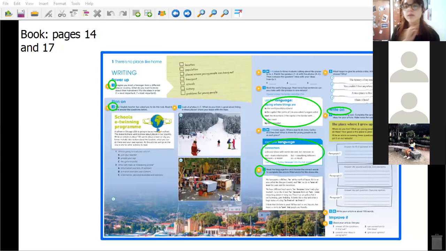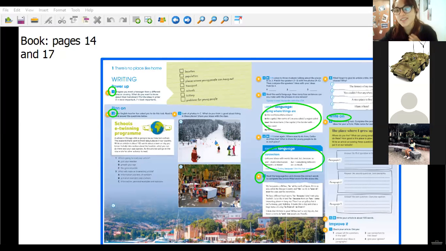So if you don't have any questions about quantifiers, we're going to move on to some theory about writing. Okay? So go to page 17 in your book. 16. It says 17, but it starts on page 16. It looks like this. You have the pictures. Do you like writing? I think I already asked you this and you said no. You like writing exercises?